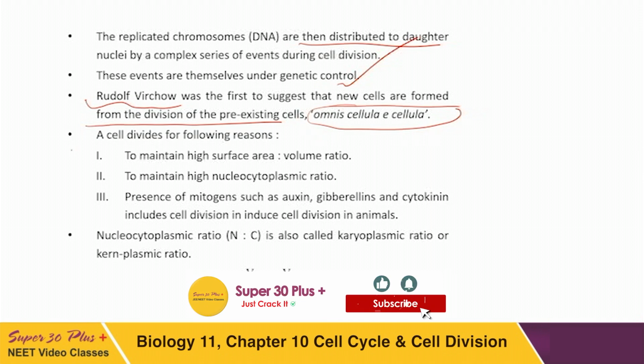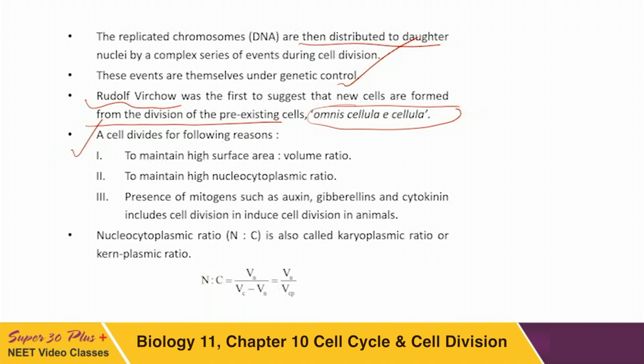Now this is an important aspect. One may ask, why does the cell have to divide? What's the reason? You see, during growth, this is a young cell, this is the nucleus, and the cell will grow. The size and volume of the cell will increase, but in proportion the nucleus will not increase. Let the cell have grown to this size, and this is the nucleus.